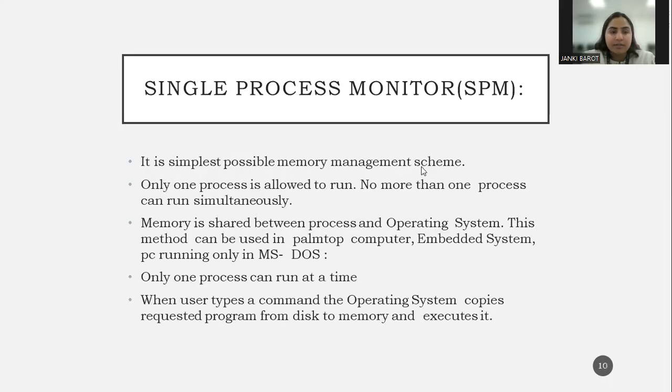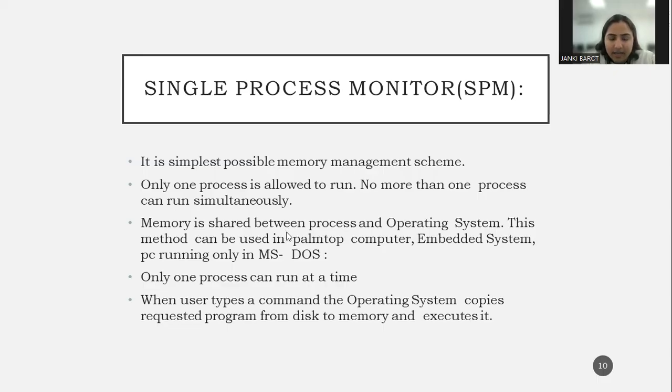Single process monitor is the simplest possible memory management scheme. Only one process is allowed to run. No more than one process can run simultaneously. Memory is shared between the process and the operating system.